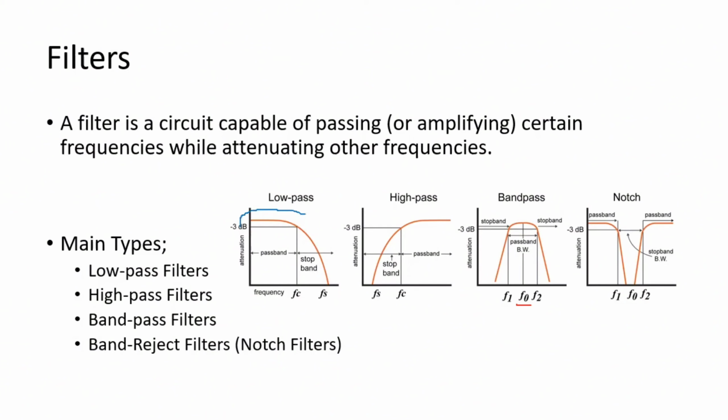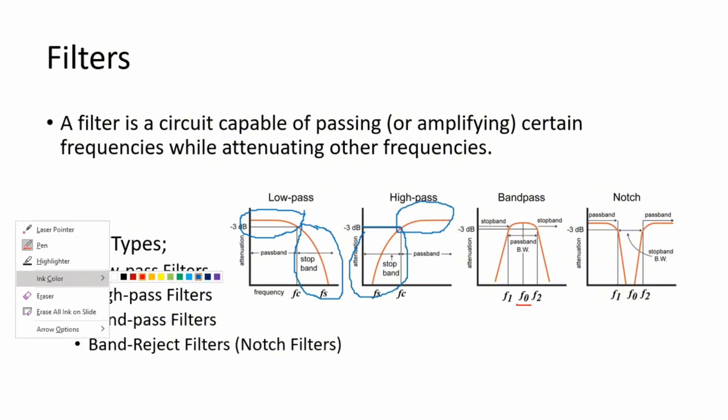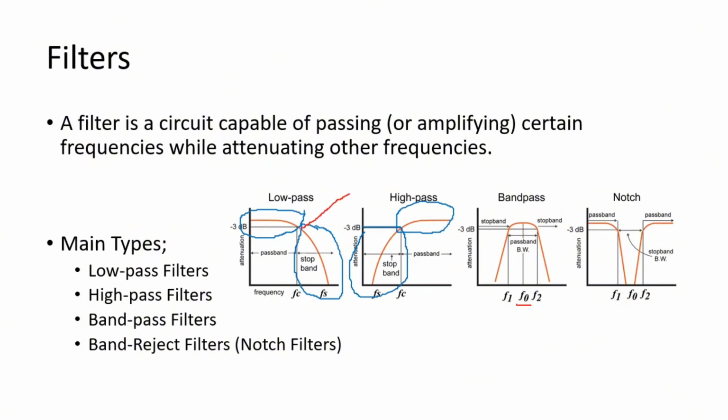Up to this part the frequencies will pass, and after that, in this part, frequencies will not pass. When it comes to the high pass, up to this part frequencies will not pass, and from here frequencies will pass. The frequency at this point is the cutoff frequency, FC.